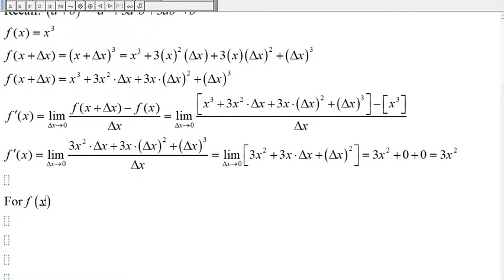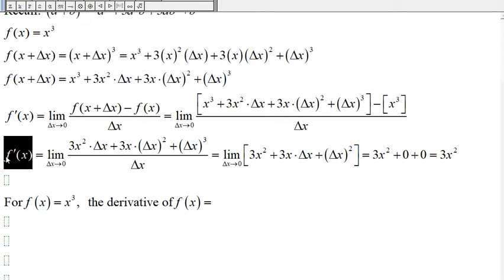So for the function x to the third, the derivative of f of x, of this function here, which is denoted as f prime of x, is equal to 3x squared.